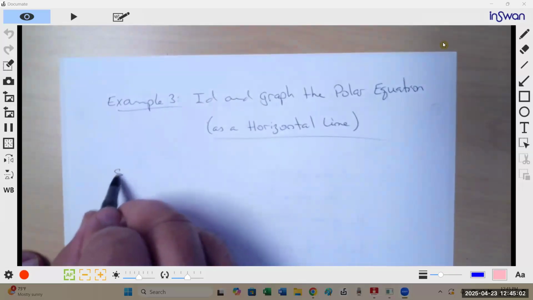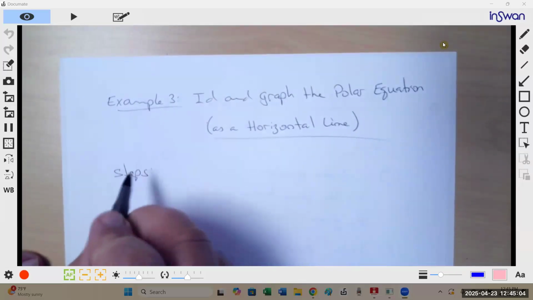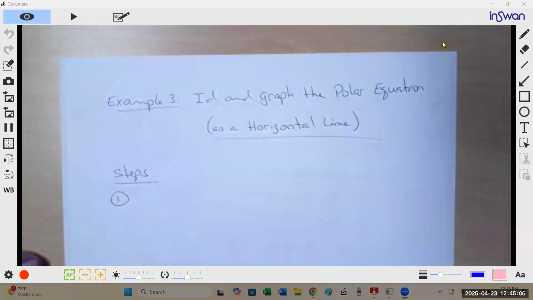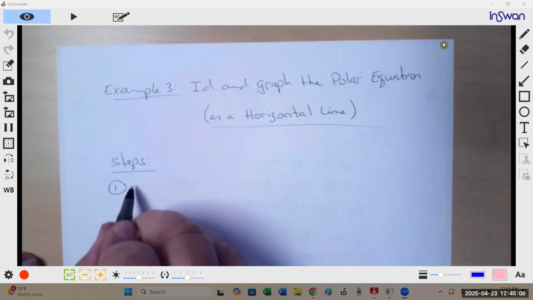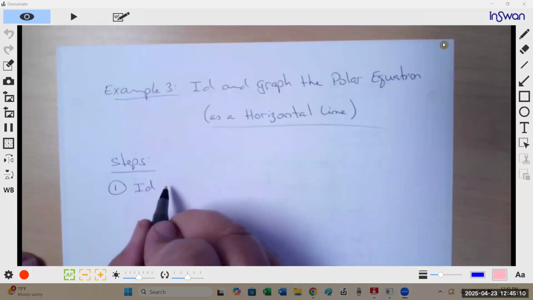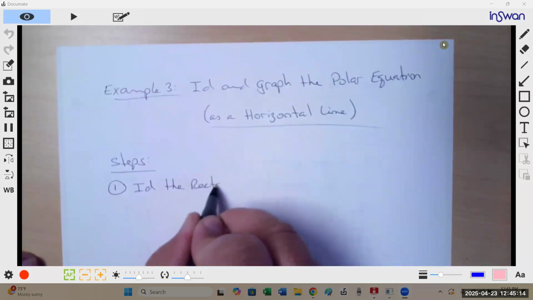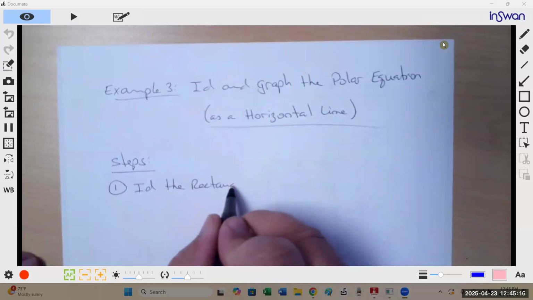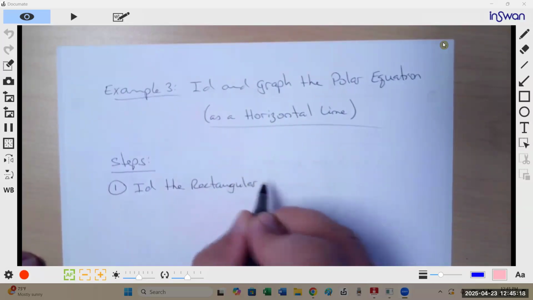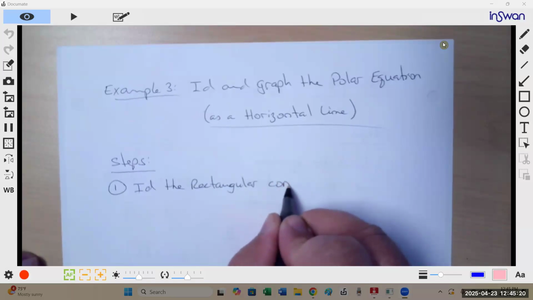Here are the steps. ID, identify the rectangular conversion.